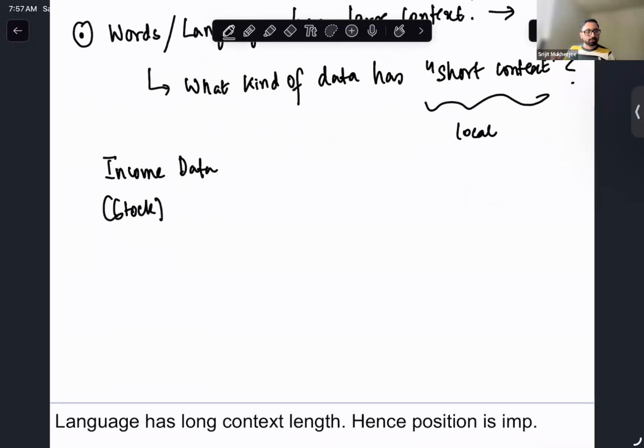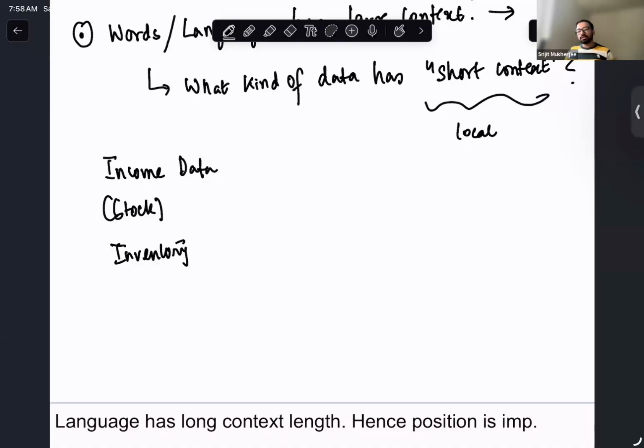Inventory. What is that? Sorry, I'm not aware of that, Mubashir. What is inventory data? Okay, data collected for a specific purpose. Yes, okay, you're right.